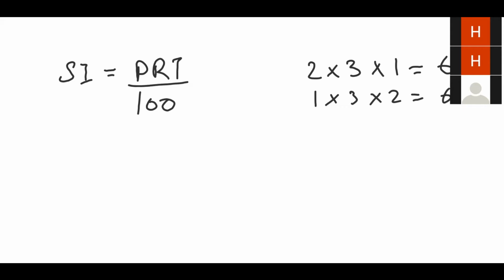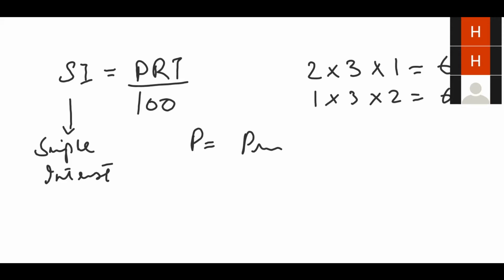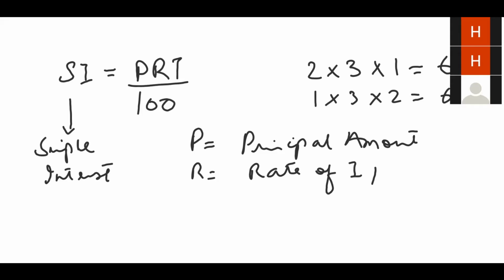Now in this formula, SI represents your simple interest. We already know that. Your P stands for your principal amount, which is the first amount that you deposited in the bank. Your R stands for the rate of interest per annum. So per annum represents your yearly rate of interest.